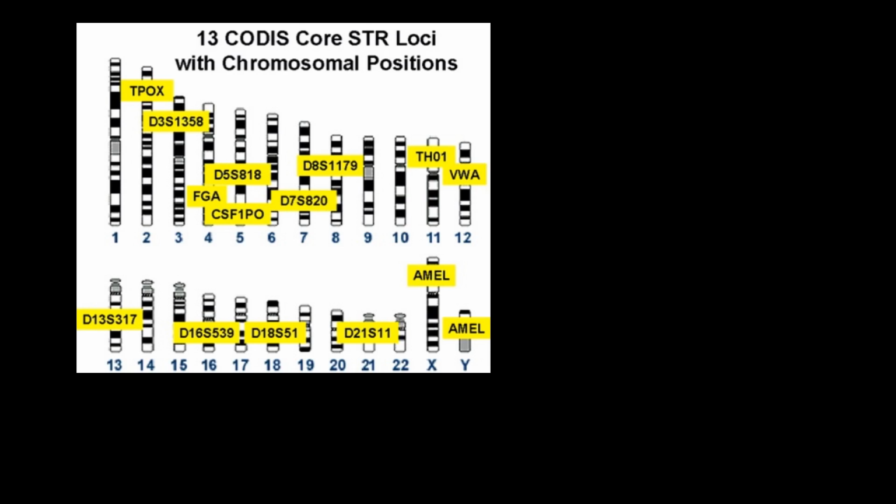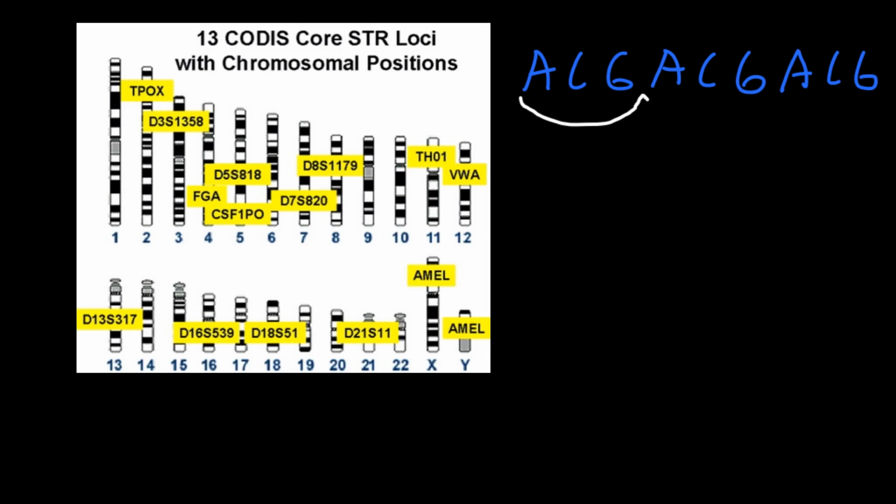Variable number of tandem repeats, what does it mean? Imagine such a sequence as A, C, G, A, C, G, and A, C, and G. As you see, we have here one repeat that repeats 3 times.